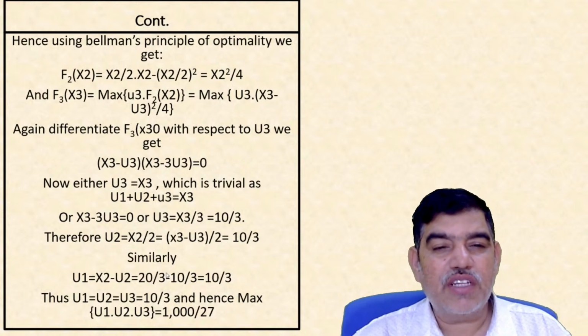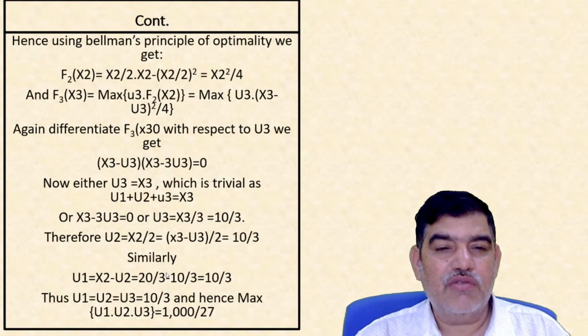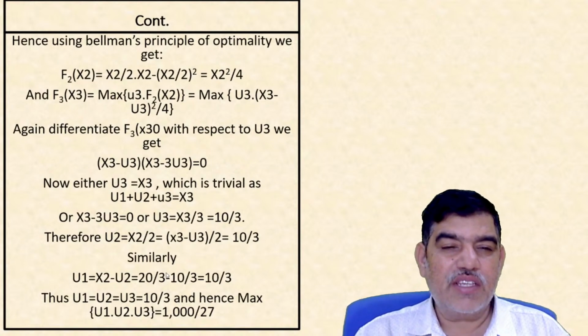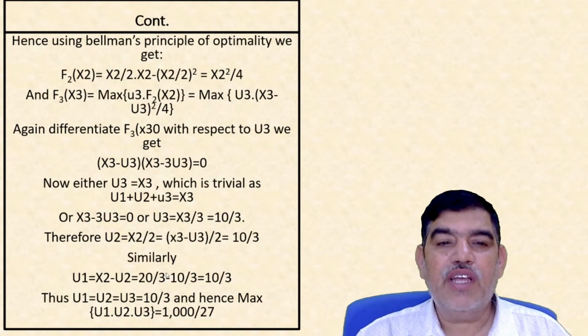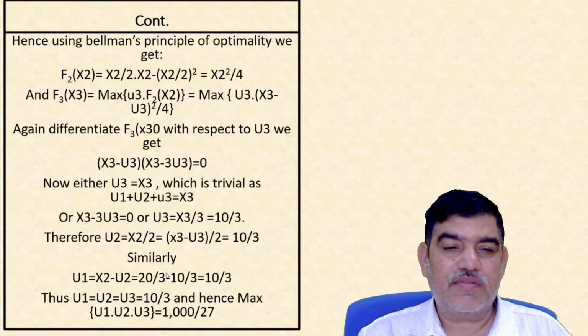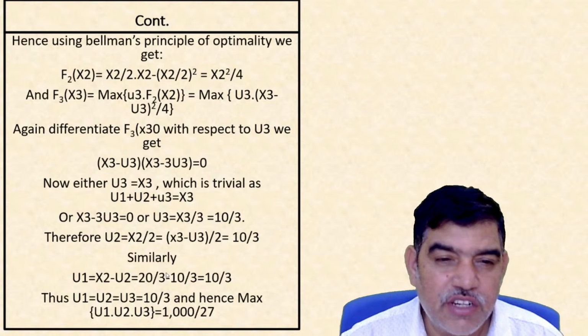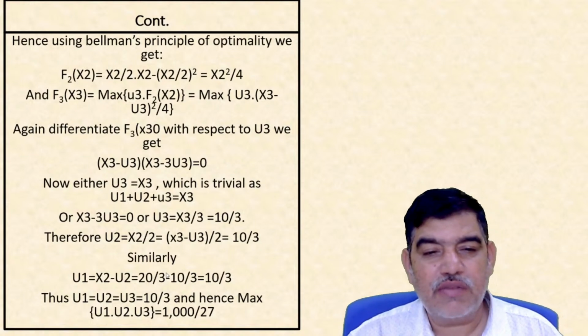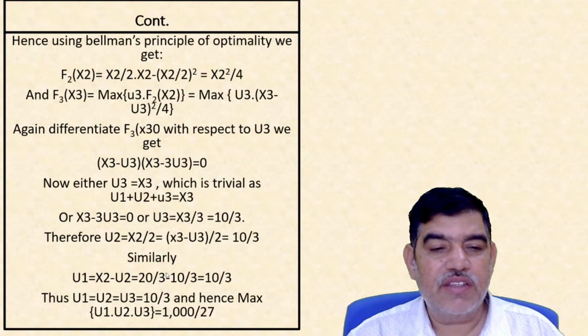Now either u3 equal to x3, which is trivial as u1 plus u2 plus u3 equal to x3, or x3 minus 3u3 equal to 0, or u3 equal to x3 divided by 3, that is 10 by 3. Therefore, u2 equal to x2 by 2 equal to (x3 minus u3) divided by 2, that is 10 by 3.